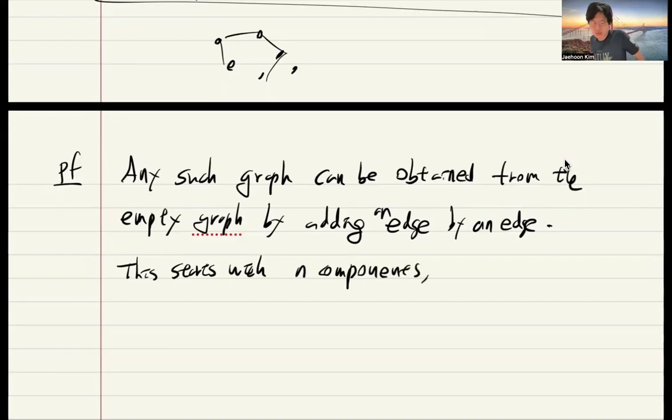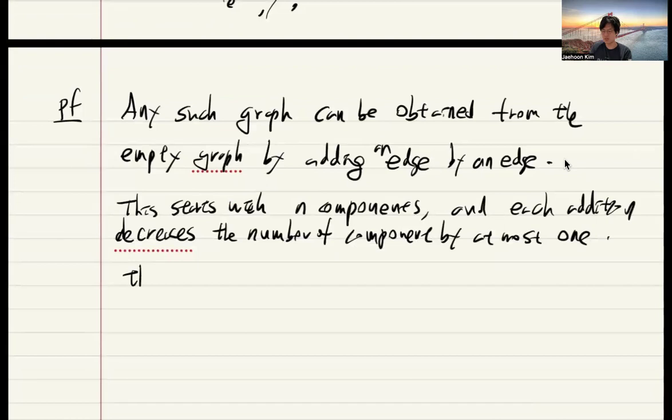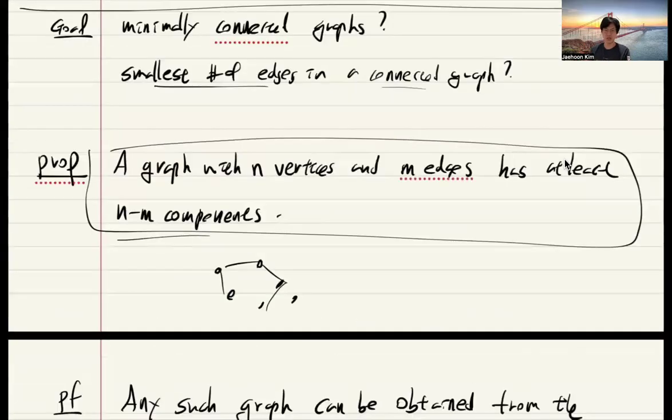And each addition decreases the number of components by at most one. And this proves the proposition. So you decrease it by at most one m times, then you are left with at least this many components.